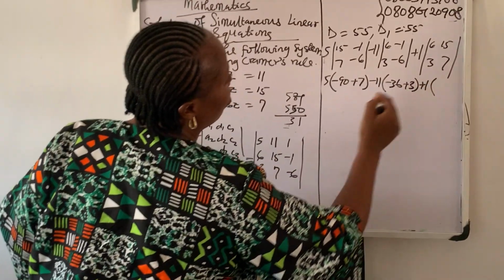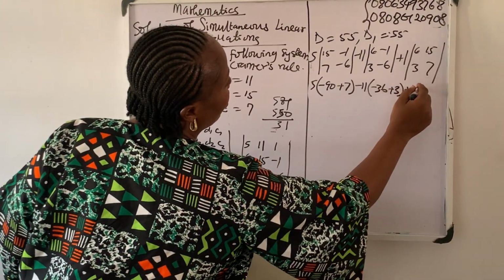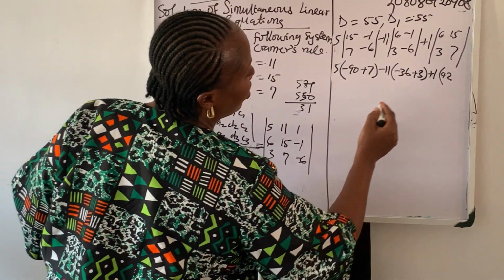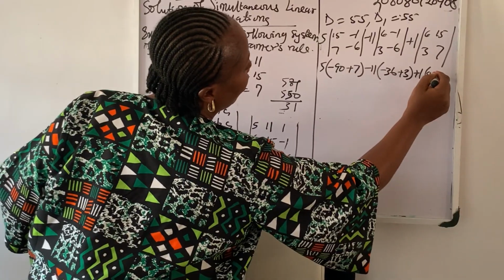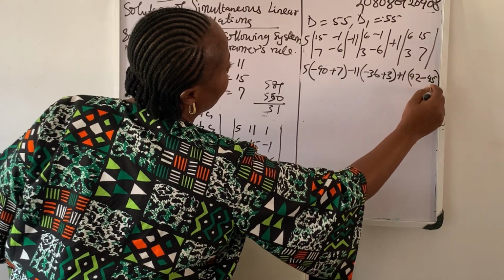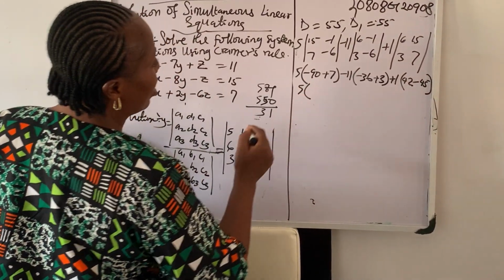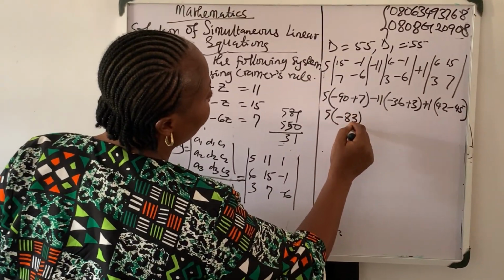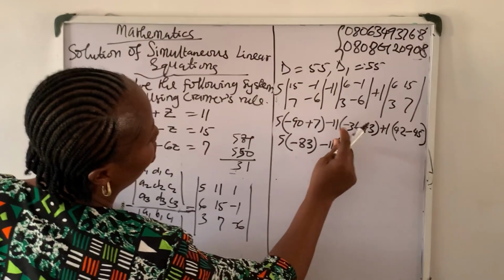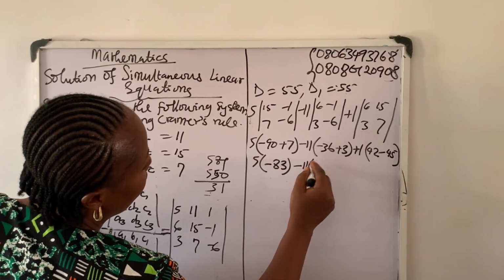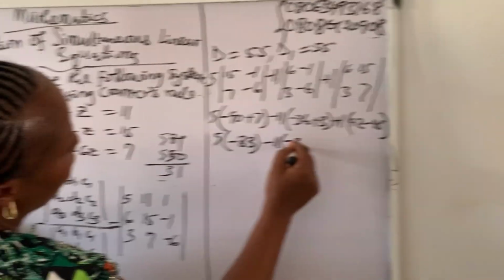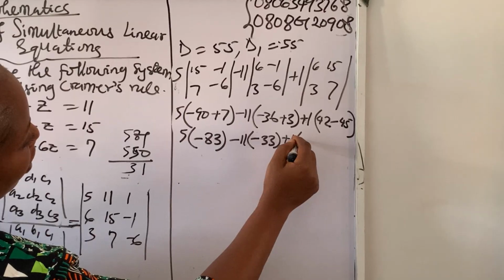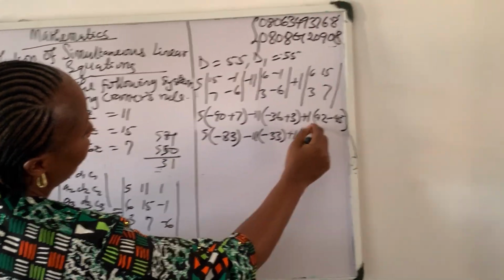Then +1 into 6 times 7 is 42. 15 times 3 is 45. It becomes 42 minus 45. Now -90 plus 7 will give you -83. -11 into -36 plus 3 will give you -33 plus 1. 42 minus 45 will give you -3.